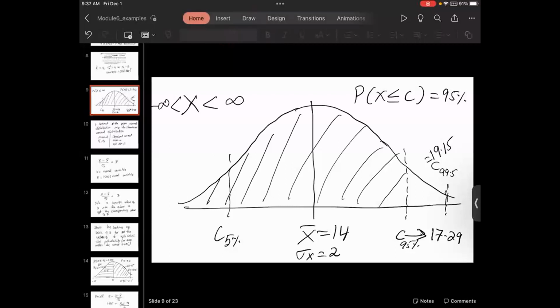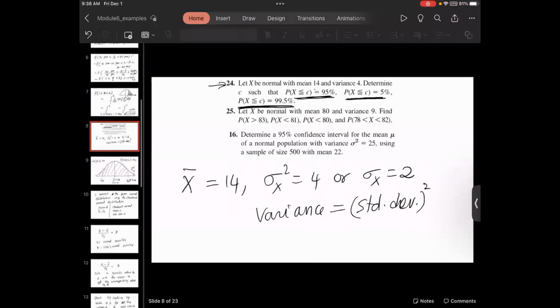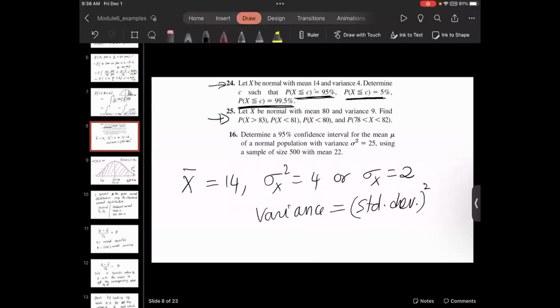Can we move on? Is it making sense so far? Am I rushing it too much? Okay, all right, good. So we have 20 minutes, and we'll see how far we can go. Problem 25 should be something you can attempt on your own.